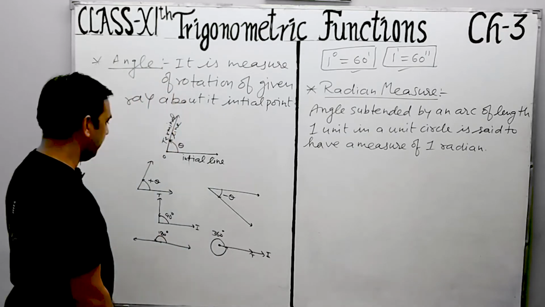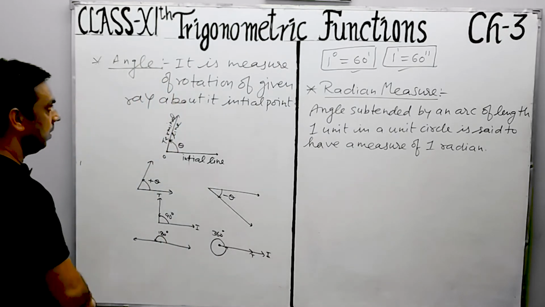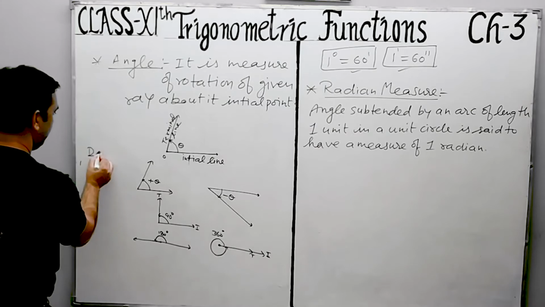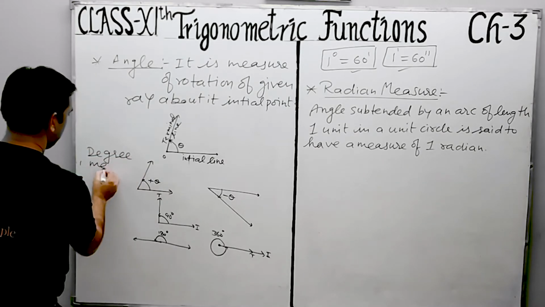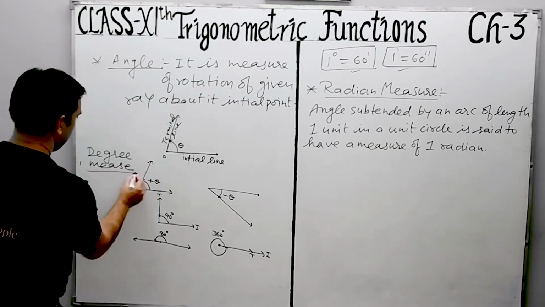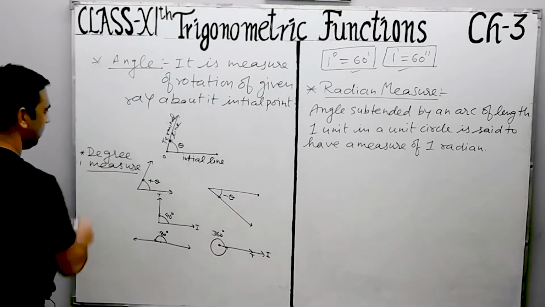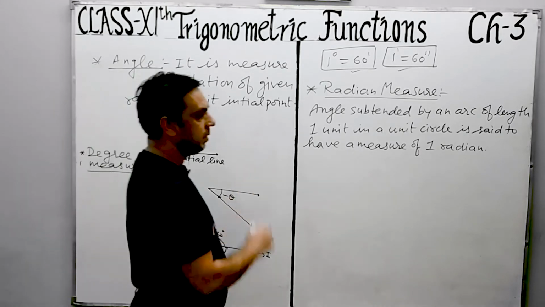Now we have seen the measurement of angle in degrees. This is our degree measure. The angle is measured in degrees. The first topic was degree measure. Now the next topic is radian measure.